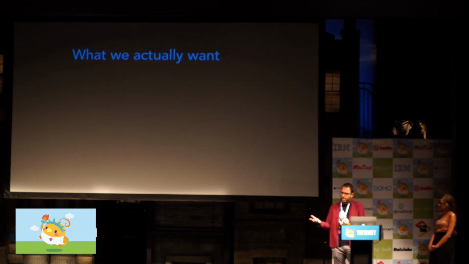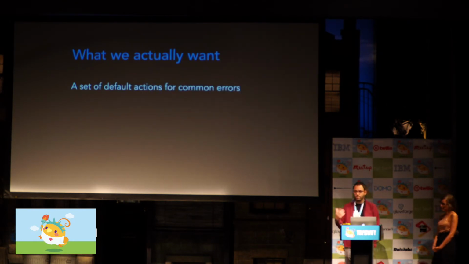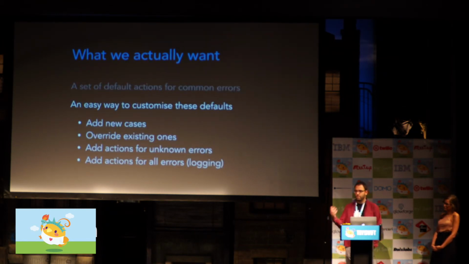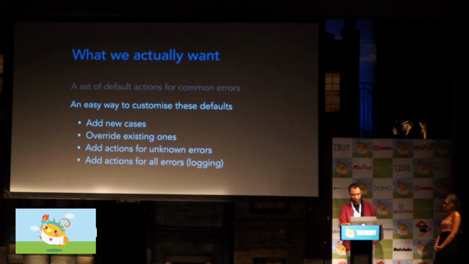So how does this translate to errors? What we actually want is a good set of defaults for errors that happen throughout our application, and an easy way to customize these defaults by adding new cases, overriding existing ones, handling errors that are unknown, and adding actions for all errors, like we have to do with logging.